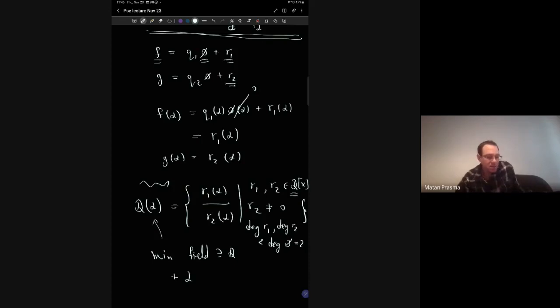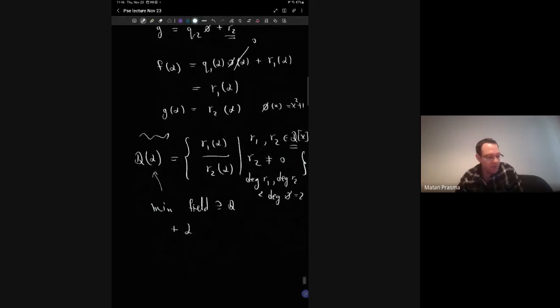Now, remember this phi was x squared plus 1. Because we know the complex numbers, we know that the roots of this polynomial are i and minus i. Which one of these is alpha? I don't know, and I don't care.